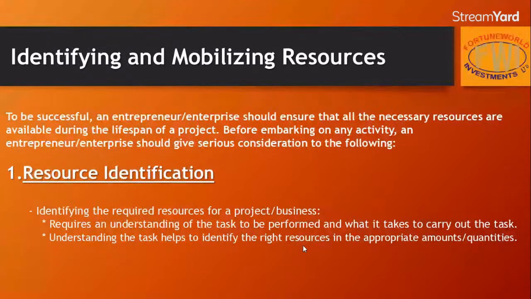That is why you need to be able to have that skill and ability to identify the resources that are needed in horticulture, in grain farming, in fish farming, in agroforestry, in livestock production. You need to have that understanding. Understand the tasks to help you to identify the right resources in the appropriate amount and quantities. So that is very, very important.